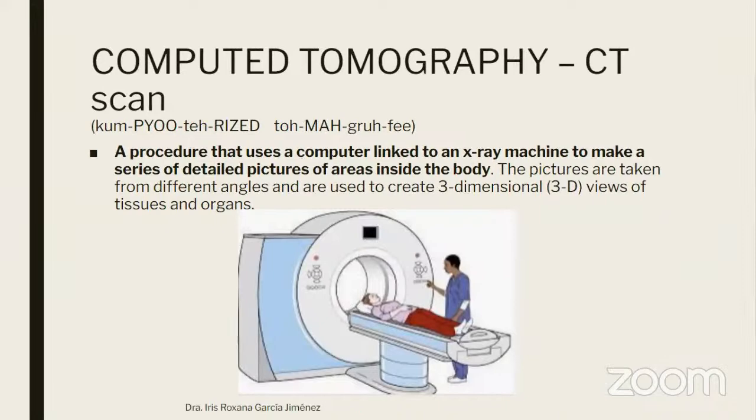Let's talk about the CT scan. It's, in my opinion, one of the best studies we get over time. The computerized tomography, or CT scan by abbreviation, is a procedure that uses a computer linked to an X-ray machine to make a series of detailed pictures of areas inside the body.